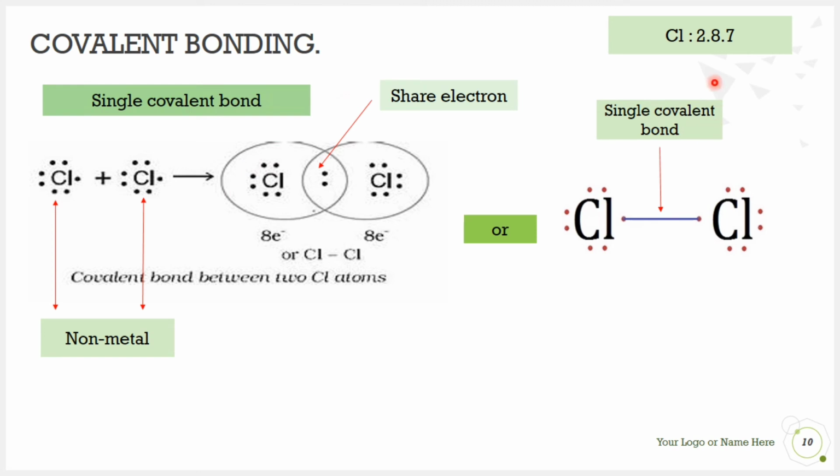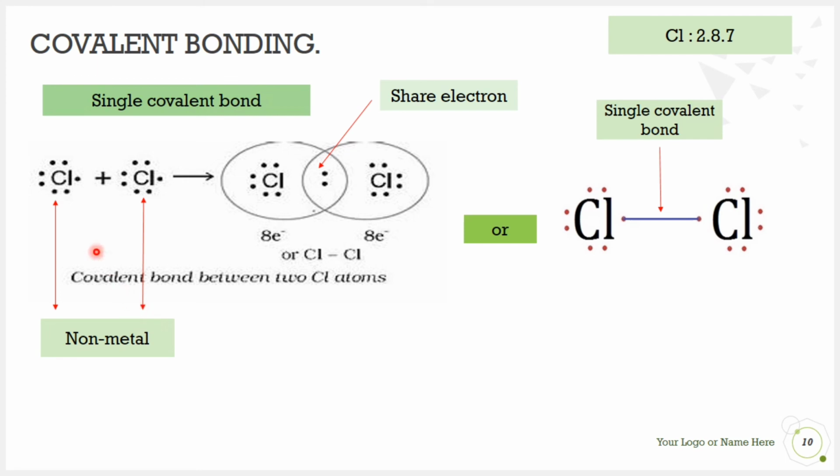So the Cl atom has the electron configuration 2, 8, 7. To become stable, Cl needs one more valence electron. So, by the mutual sharing of electrons, each atom attains an octet configuration in its valence shell.